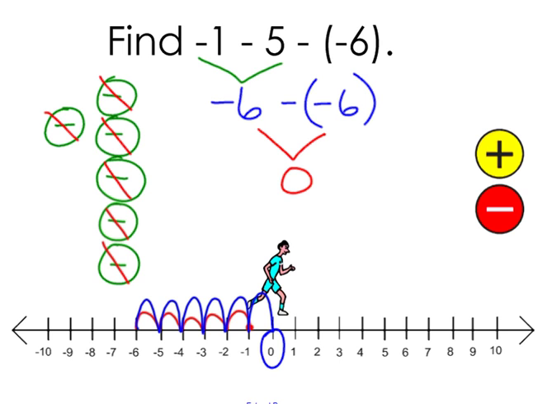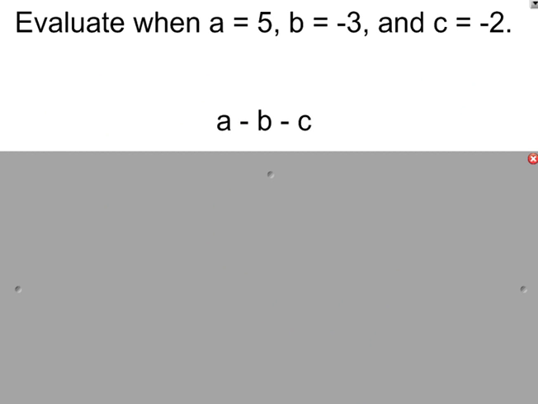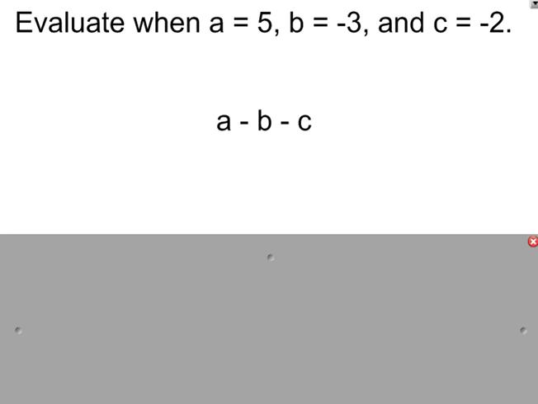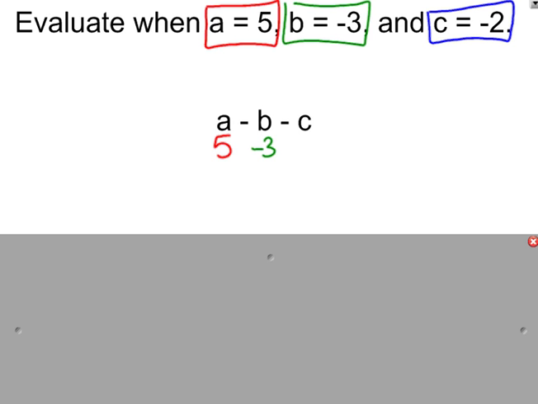All right, let's use an example where we've got algebra. Same example we saw with adding integers, video notes. This time we're just going to be subtracting. So just like we did before, we're going to substitute in everything that we know. So A is 5, B is -3, C is -2.